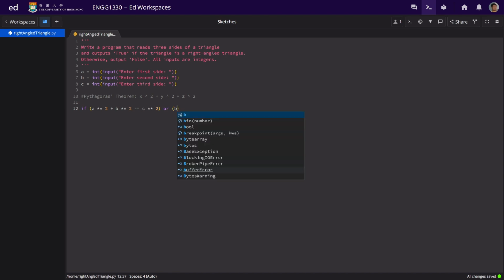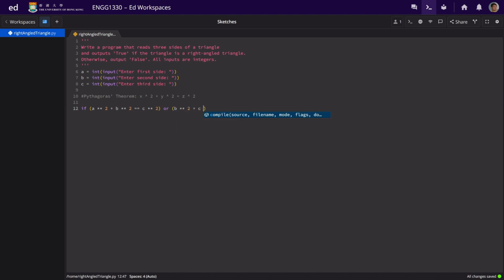Or square B plus square C equals square A. Or square C plus square A equals square B. If any of these three possibilities stands true, we would know that the triangle is right angle.